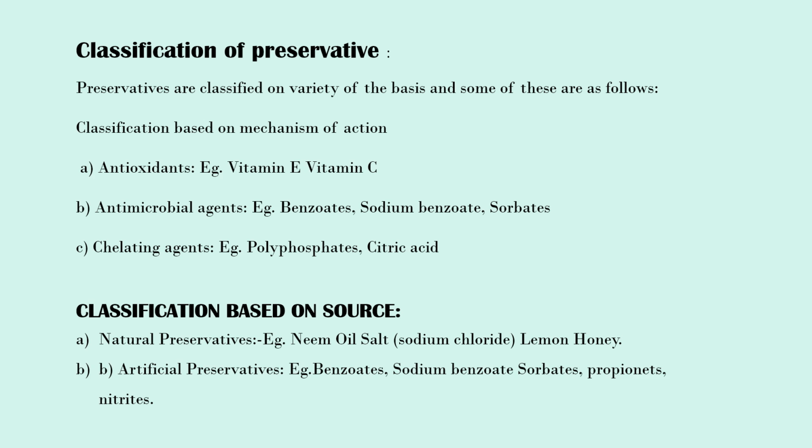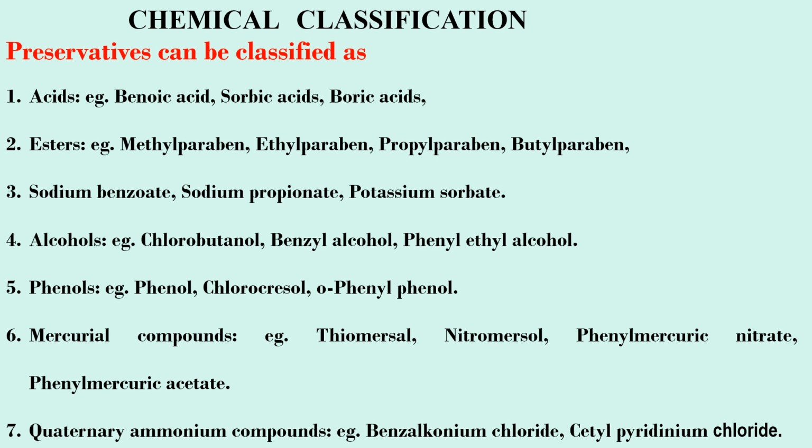So, the chemical classifications of the preservative are acids: benzoic acid, sorbic acid, boric acid. Esters like methylparaben, ethylparaben, propylparaben, butylparaben, sodium benzoate, propionate, and sorbate, potassium sorbate. Alcohols like chlorbutanol, benzyl alcohol, phenyl ethyl alcohol.